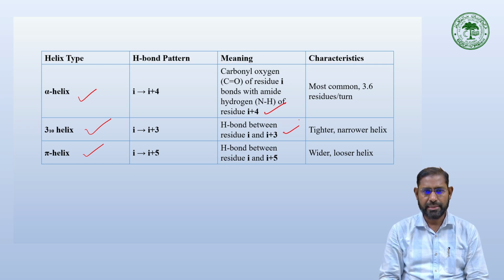Then the pi helix is i plus 5, meaning hydrogen bonds between residues i and i plus 5.